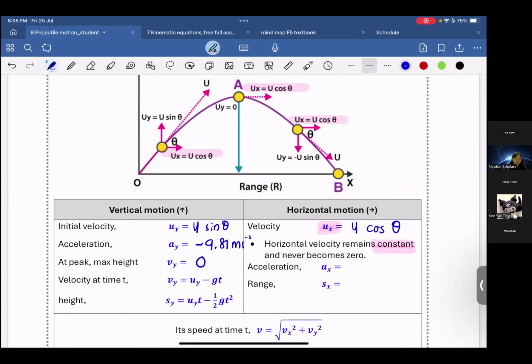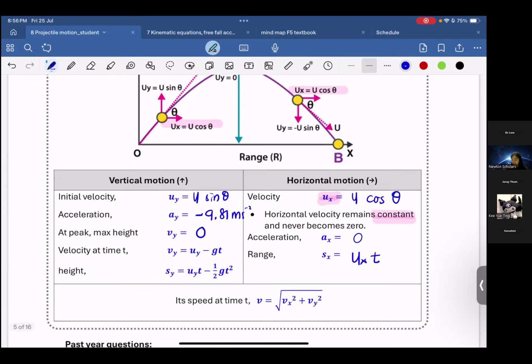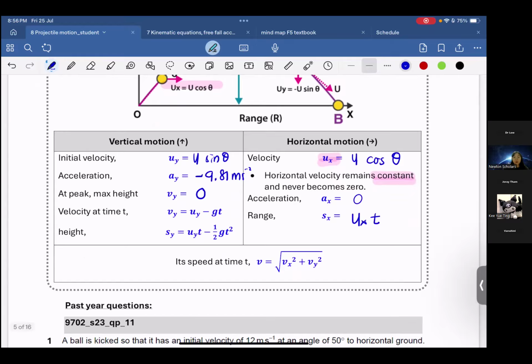Gravity does not affect the horizontal, so acceleration is 0. Then range, we can use UX times t. If they're asking you to calculate the speed or velocity, you have to consider x component and y component.